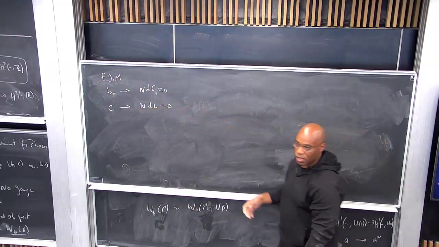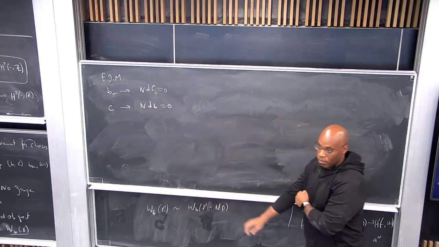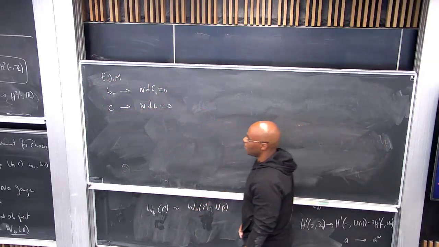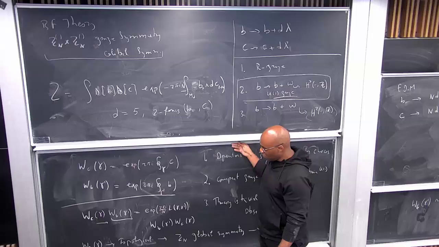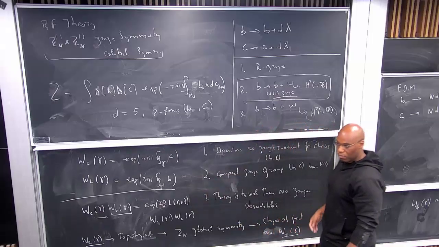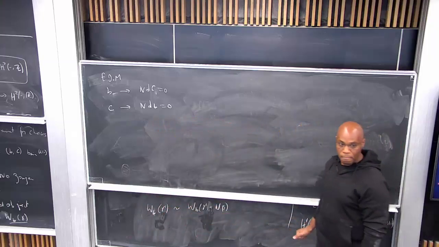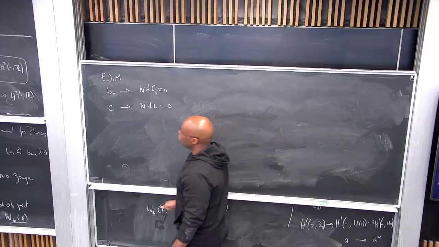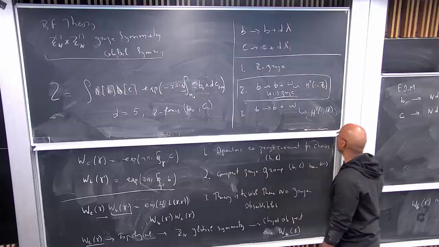Because classically, if I look at the equations of motion, I just see that I get flat connections. It doesn't seem to be dynamical. So the structure that we observe here, where at the level of the quantum theory I have something actually interesting, has to follow because the theory has to be quantized. Okay. So the quantization of this theory, you can study it in various ways.